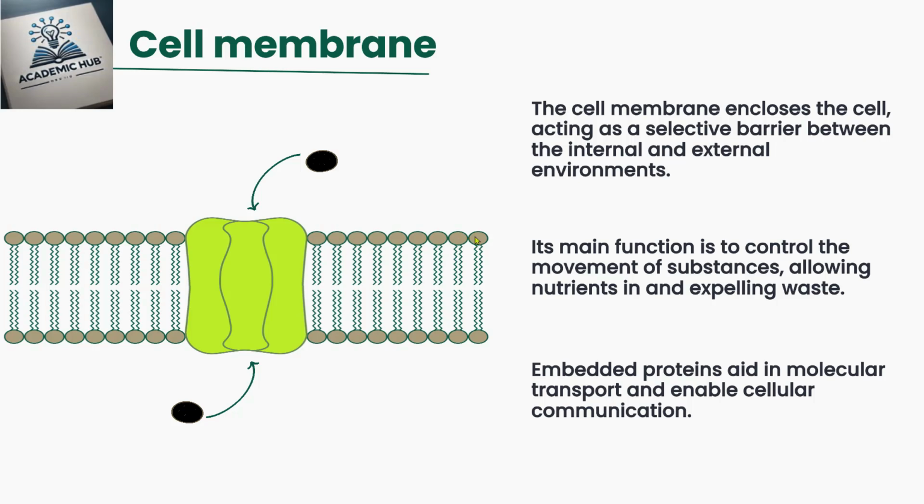This is the outer globular protein and this is the inner globular protein, and this is the phospholipid bilayer. Because two layers are present, the combination is known as a phospholipid bilayer, which forms a continuous barrier around the cell.